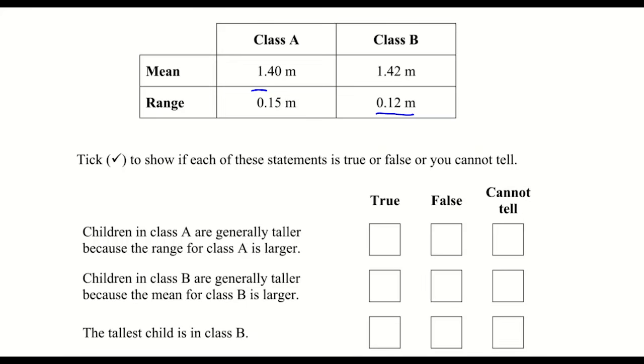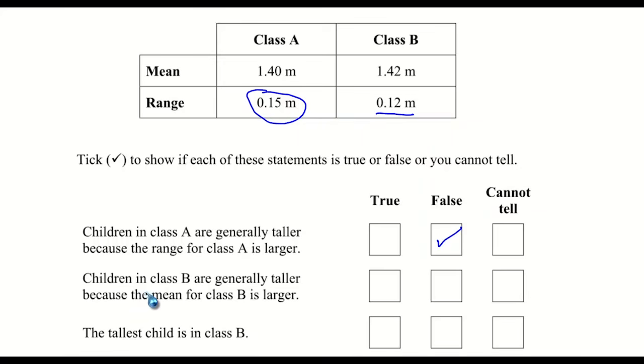So the range is larger here, which means there is a larger gap between the tallest and the shortest. So that means they are not that tall, because if the range is small, they are almost tall in the same way. So this one is going to be false.